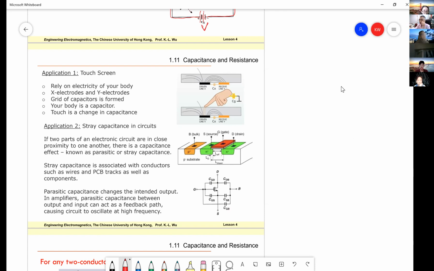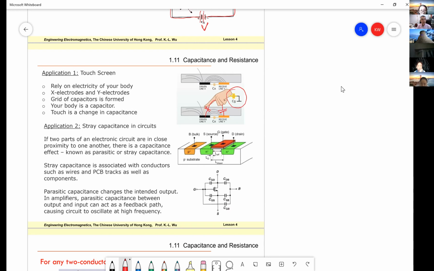But once your hand touches or comes close to the driving electrode or receiving electrode, you introduce another capacitance, because your body is a very big container of charge.